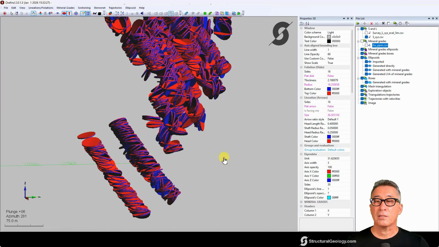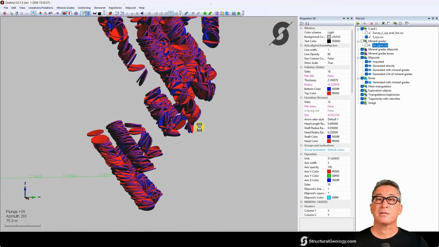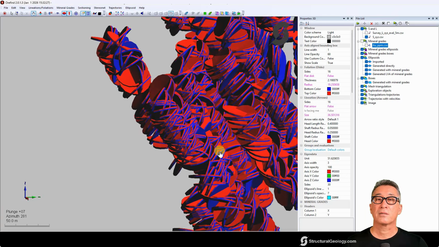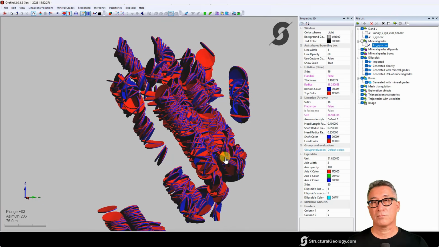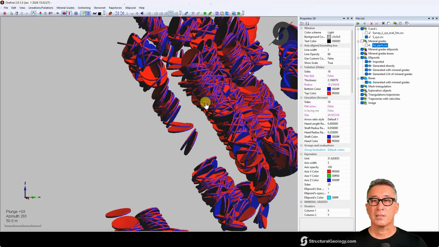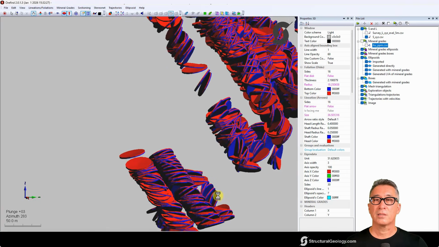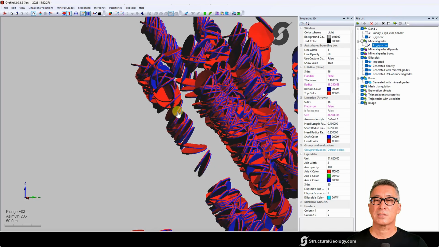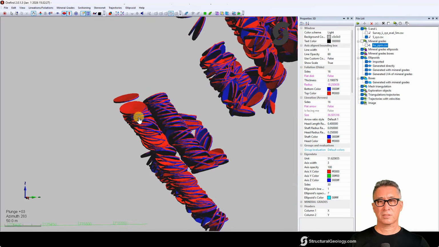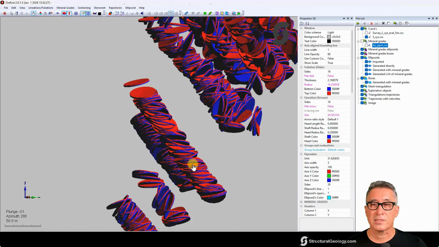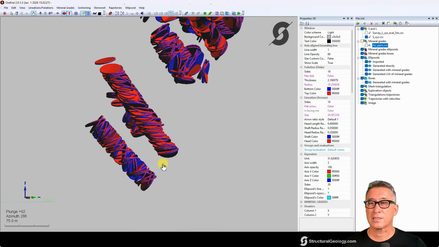Now, you can immediately see that there is something very suspicious about this S2, which is supposed to be pretty consistent. Look at this. There is a pretty consistent set of foliation here, but here they're consistently dipping the other way around. So there's something wrong with this data set.